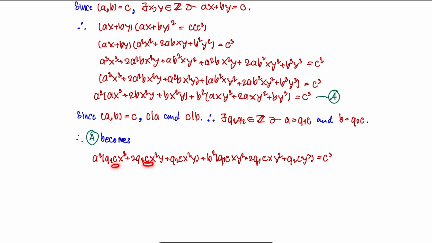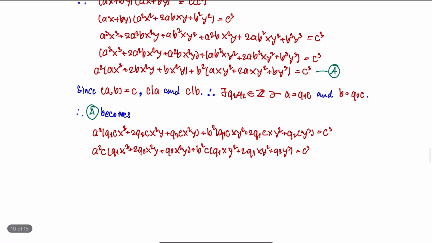Now all these terms have c as a factor. So we're going to have a squared c (q1 x cubed plus 2q2 x squared y plus q2 x squared y) plus b squared c (q1 x y squared plus 2 q1 x y squared plus q2 y cubed) equal to c cubed.